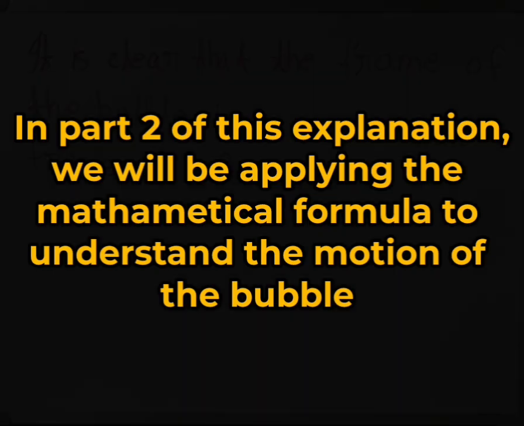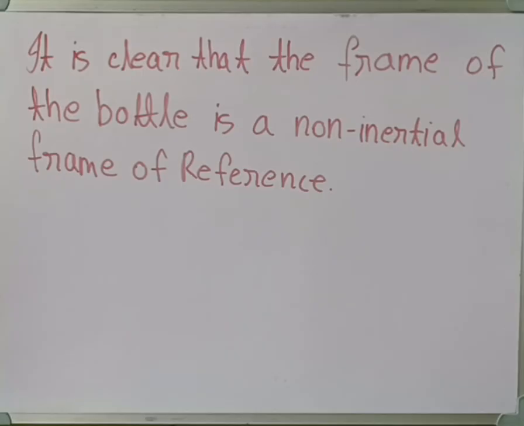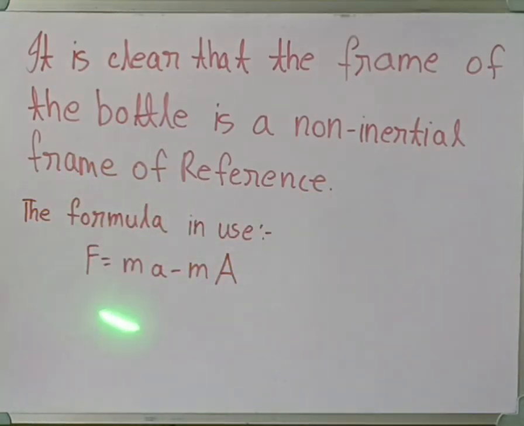Let's start. So it is clear from the previous part that the frame of the bottle is a non-inertial frame of reference. So the formula in use will be F equals m into small a minus m into capital A, as you can remember from the mathematical formula of a non-inertial frame of reference.